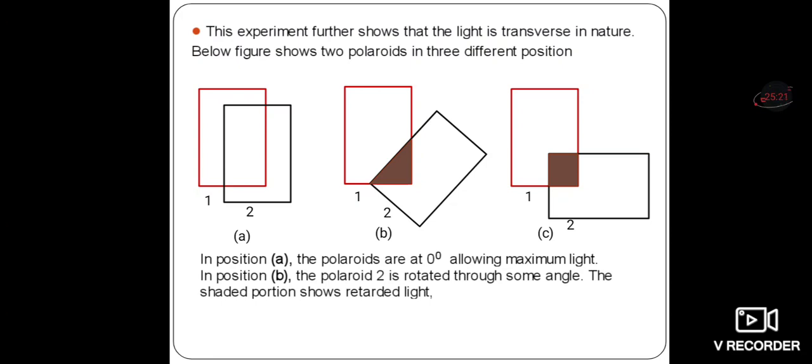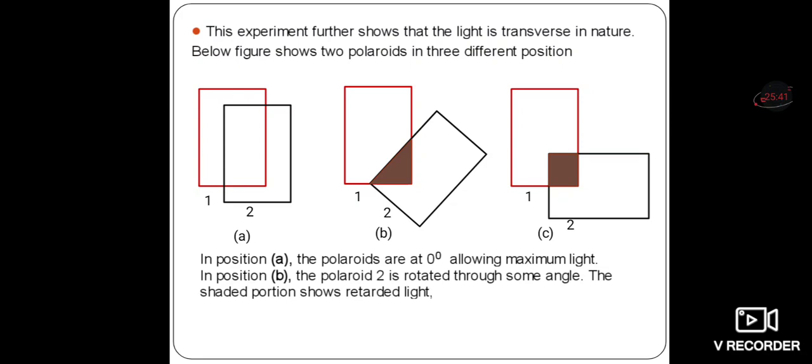Suppose in the second position, or figure 2, Polaroid 2 is rotated to a certain angle. Then the shaded portion will show the retarded light. If it is tilted at a certain angle, the portion that overlaps is transmitted, and the rest of the light is cut out.